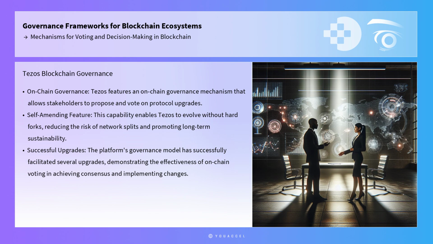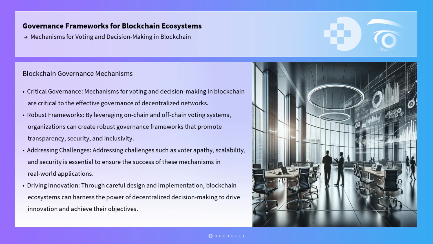In conclusion, mechanisms for voting and decision-making in blockchain are critical to the effective governance of decentralized networks. By leveraging on-chain and off-chain voting systems, quadratic voting, token-curated registries, and decentralized governance platforms like Aragon, organizations can create robust governance frameworks that promote transparency, security, and inclusivity.